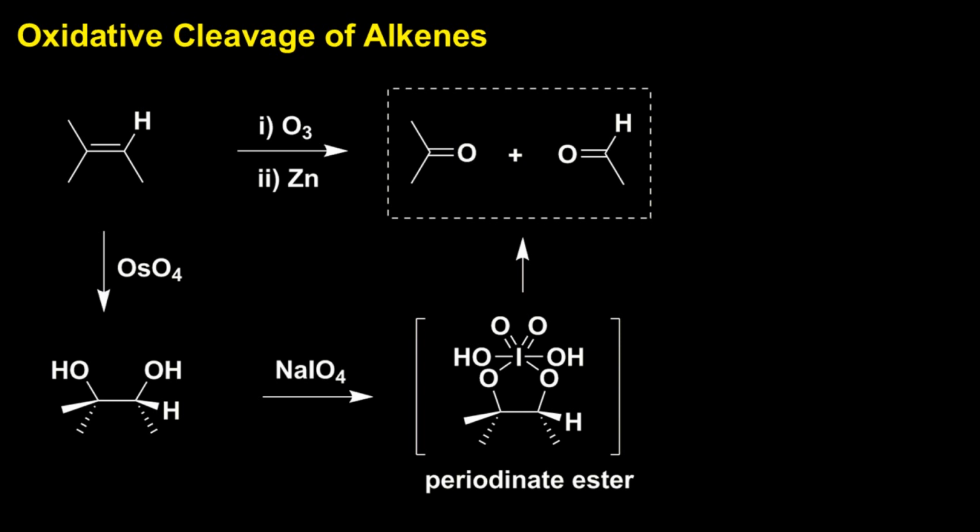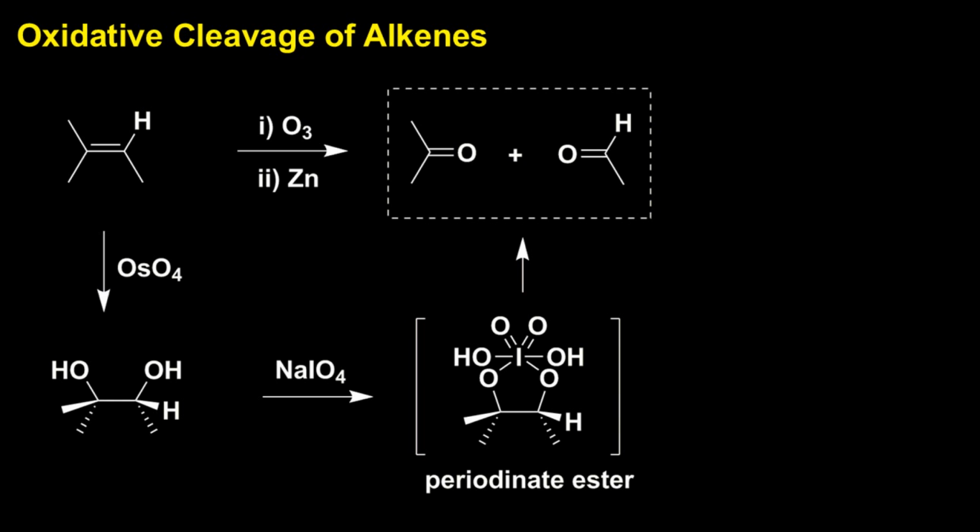Here's a great example that brings everything together. We're starting with an alkene, and we want to break it down into 2 carbonyl compounds. If we go with ozonolysis, we treat the alkene with ozone first, then follow it up with zinc. That gives us a ketone and an aldehyde. But there's another way to get there too. We can take the same alkene, do a syn dihydroxylation using osmium tetroxide, and then use sodium periodate to cleave the resulting diol.